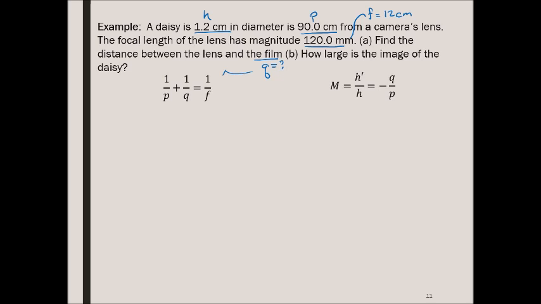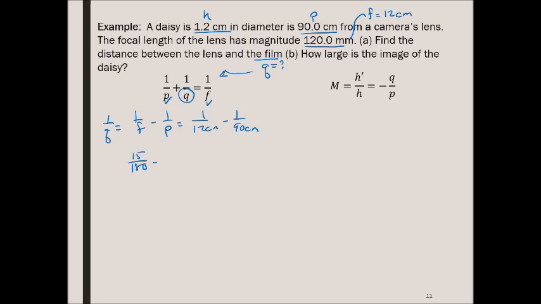And to do that, I'm going to use my lens equation because I have P and I have F, and I want to find Q. So 1 over Q is equal to 1 over F minus 1 over P. So that means I have 1 over 12 centimeters minus 1 over 90 centimeters. And it's fun to work with fractions, so we want to find the lowest common denominator.